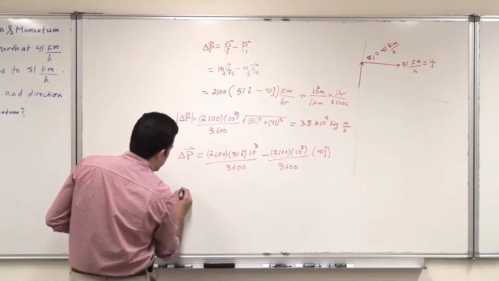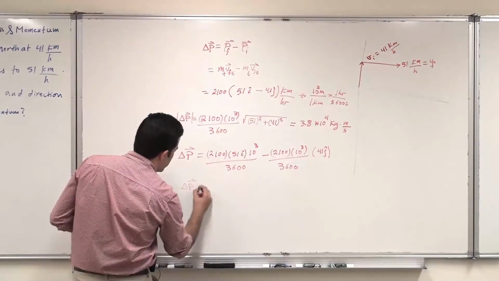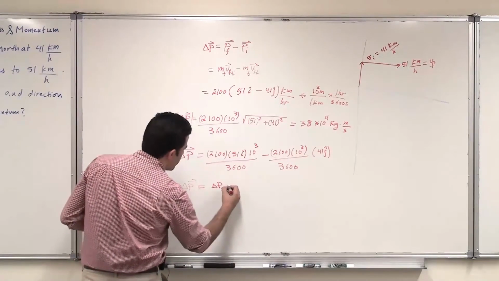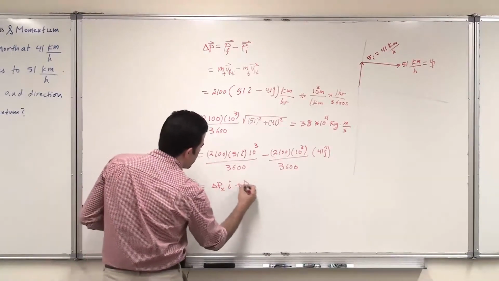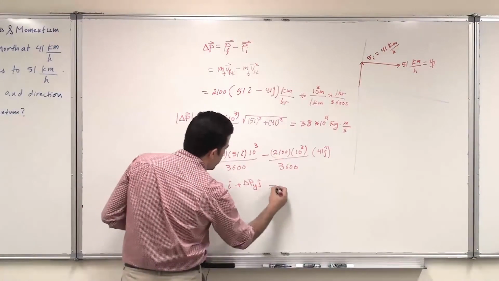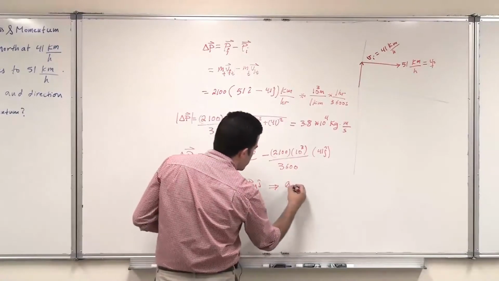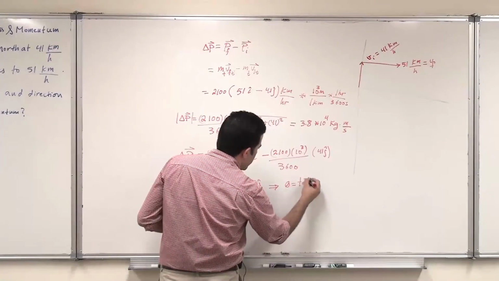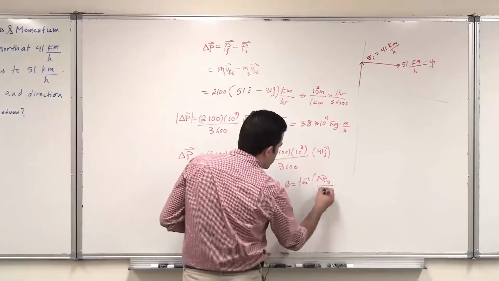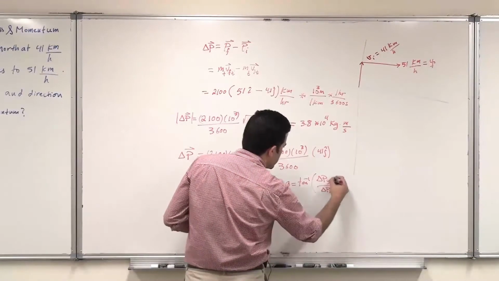This delta P is equivalent to delta Px i hat plus delta Py j hat. So to find the angle theta is basically tan inverse of delta Py over delta Px.